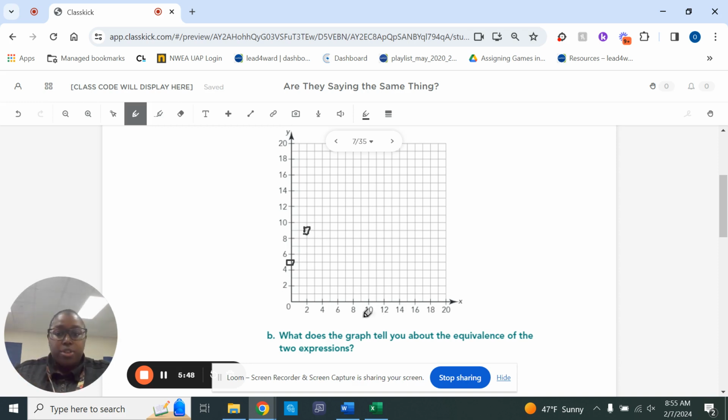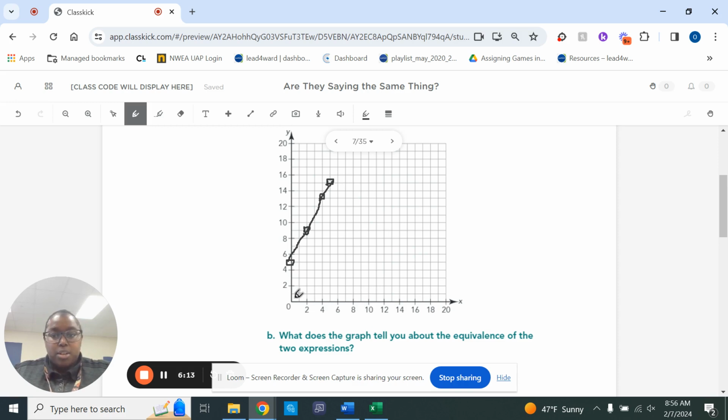Then we have 4 and 13, which is in between 14 and 12. And then we had 5 and 15, which is in between 16 and 14. Now that's my first expression.